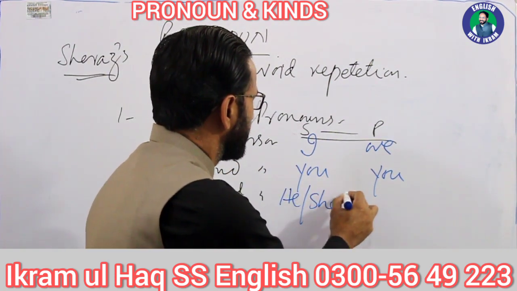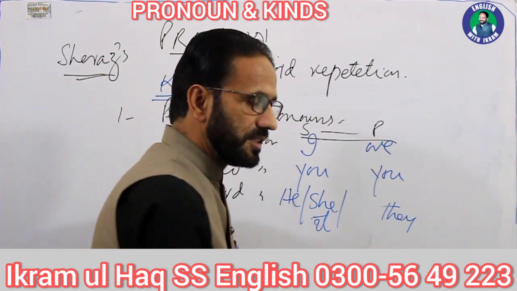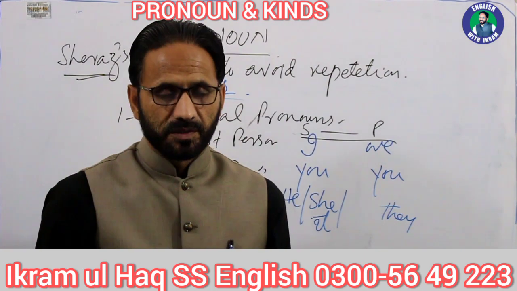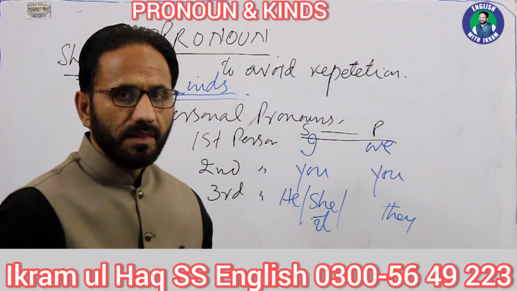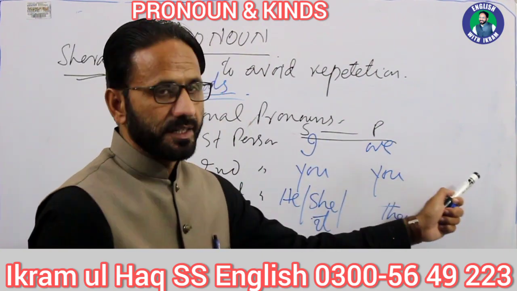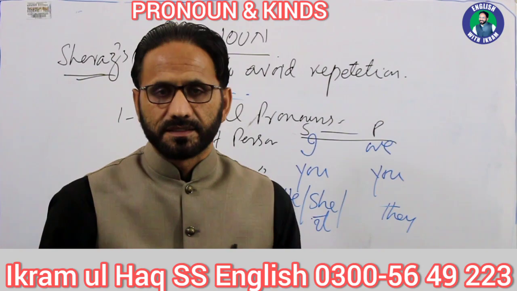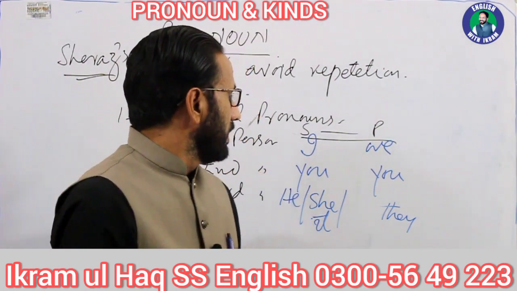In case of female, she. In case of inanimate, it. If more than one person, then you will use the pronoun they. These are personal pronouns. And these personal pronouns are of two kinds: subjective and objective, which I have already discussed. Right?